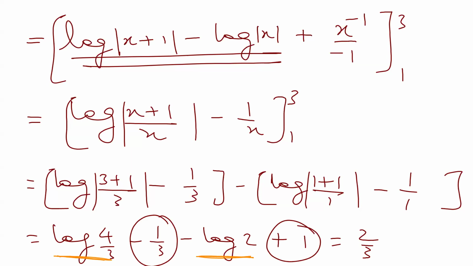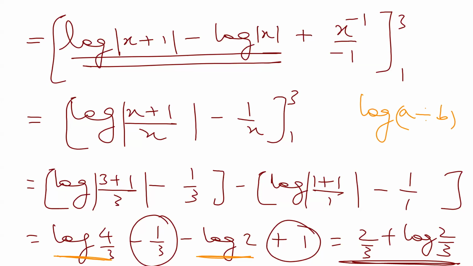Log A minus log B is log A divided by B. So 4 by 3 divided by 2 is 2 by 3. So plus log 2 by 3. Okay. Is it matching with the textbook answer now?